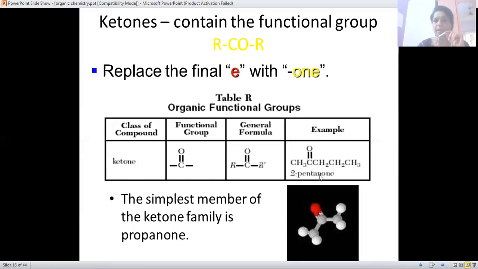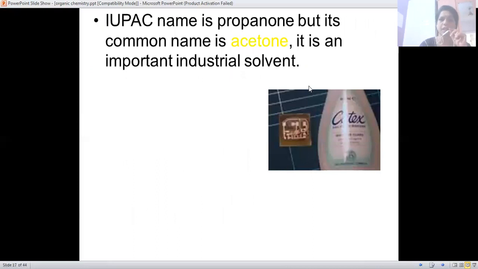So these are pentanone. The second position carbon has the attachment of the oxygen. So instead of the E, you can write ONE. Then acetone is a simple structure of the ketone.